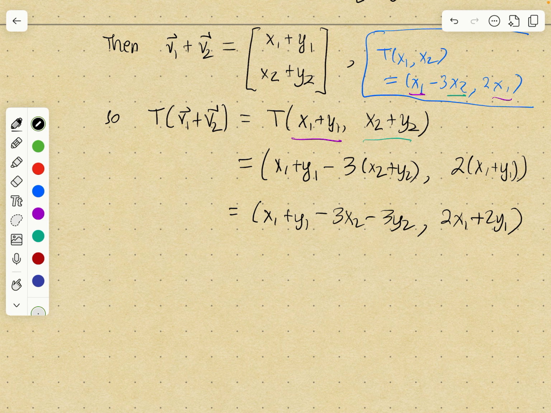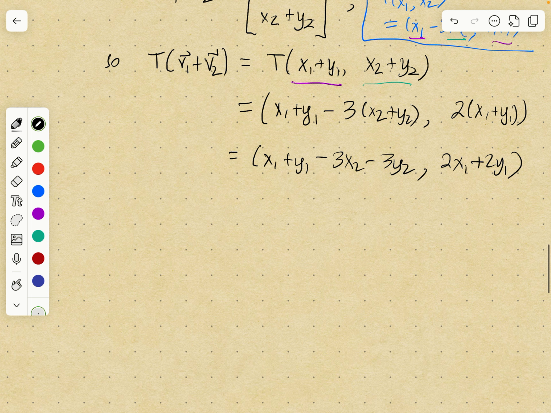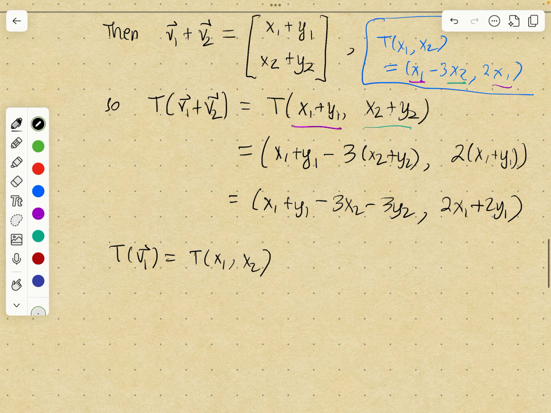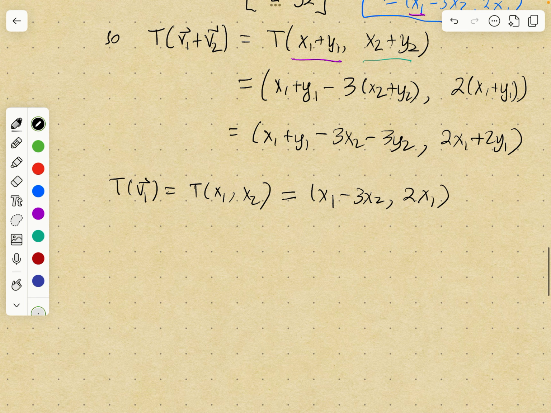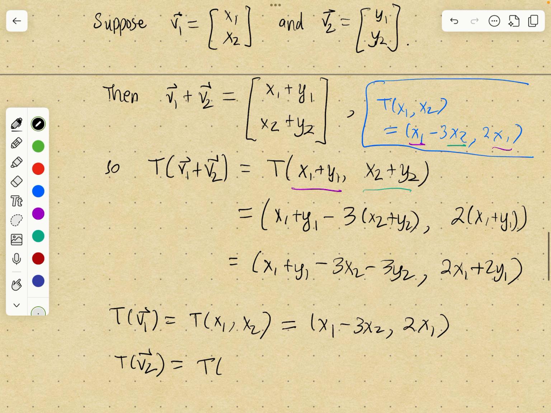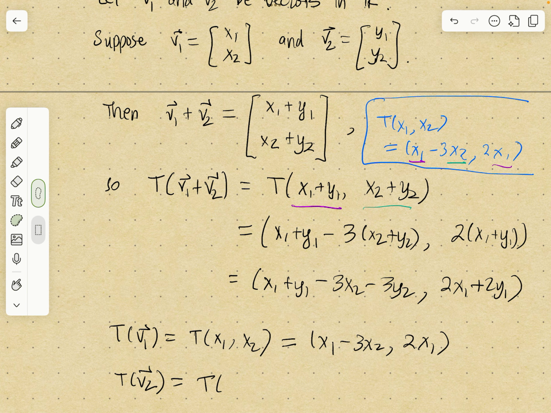Now what we need to find is T of v1 plus T of v2. Well, T of v1, that's going to be T of (x1, x2), and what that's going to be is (x1 minus 3x2, comma 2x1). And T of v2, remember we let v1 be (x1, x2) and v2 be (y1, y2).